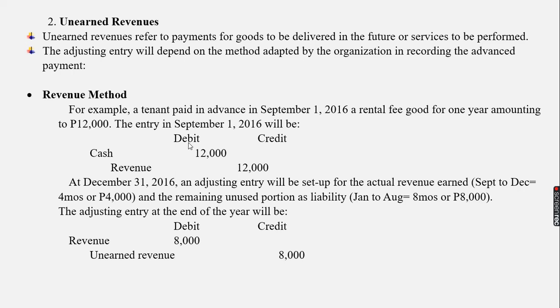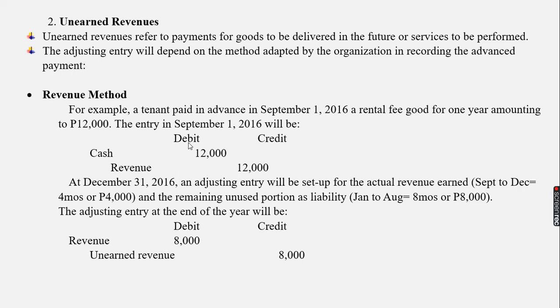So, apat na buwan yung kailangan mong i-recognize as a revenue mo, di ba? And the remaining unused portion as liability, ayan, liability mo for January to August kasi 8 months, 12 months yung in advance niya, 'di ba?